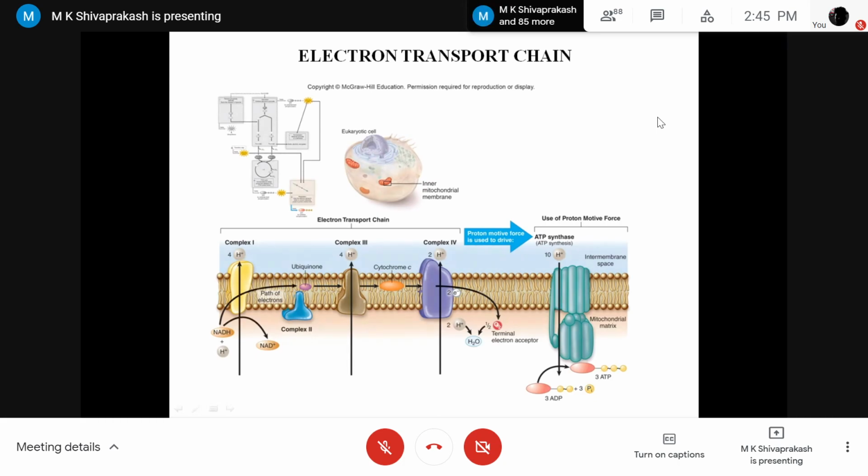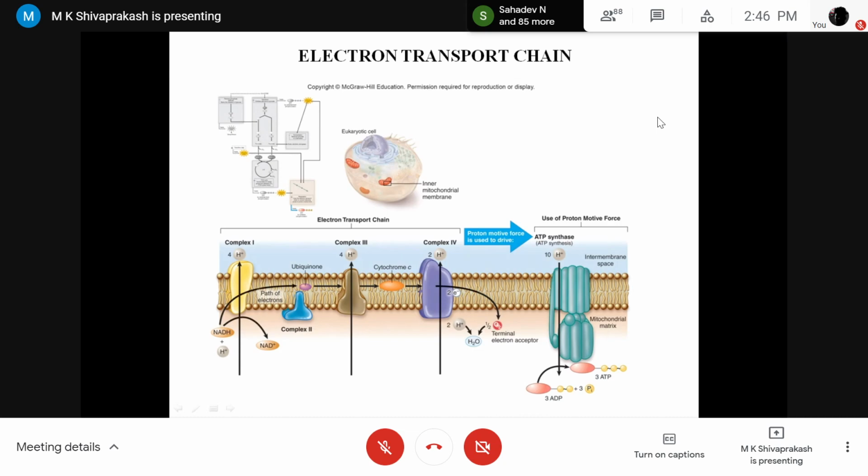It is highly reduced in the beginning and oxidized towards the end of this pathway. So complex 1, complex 2, complex 3, and complex 4 are arranged to lead to ATP synthase, the place where the ATP molecules are synthesized.